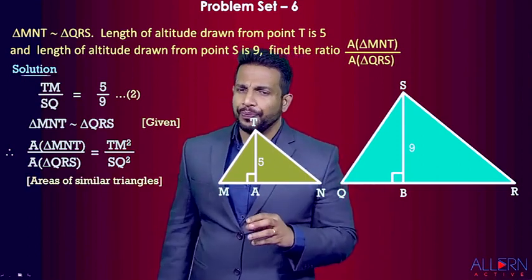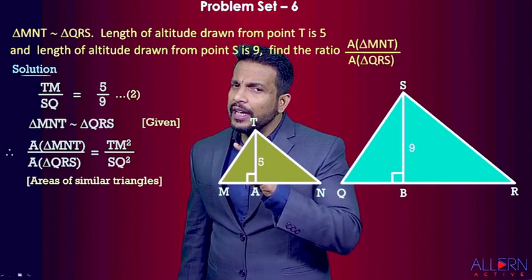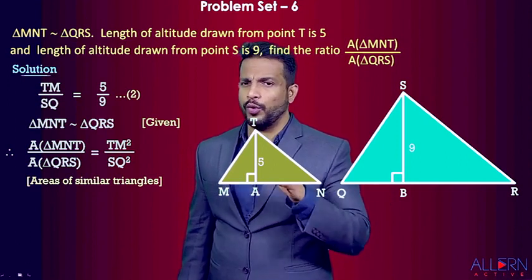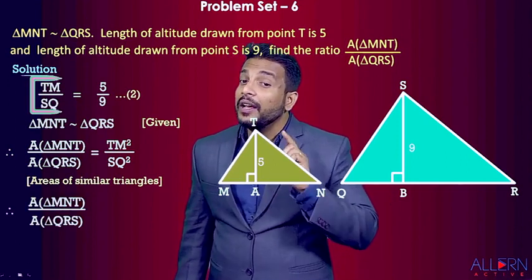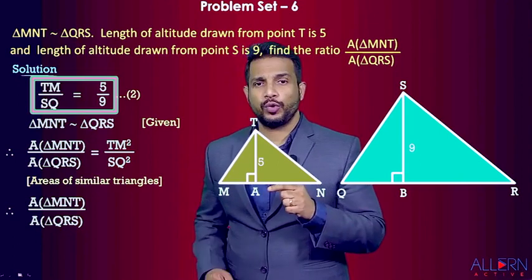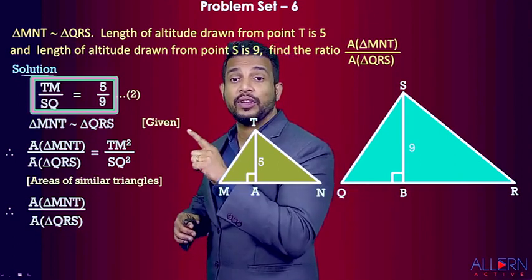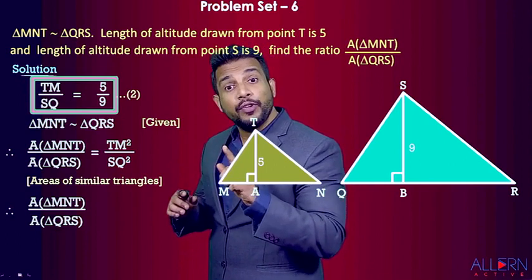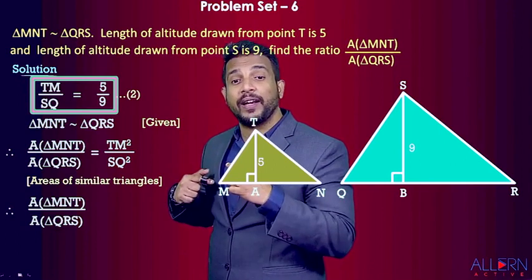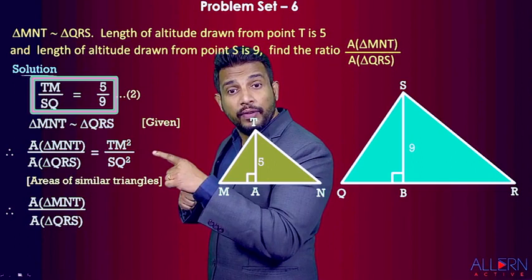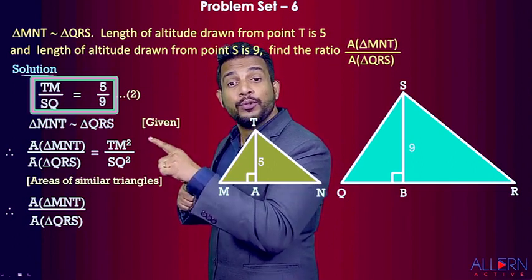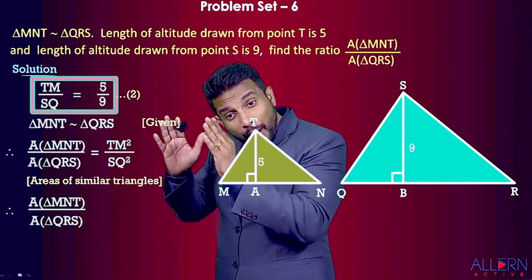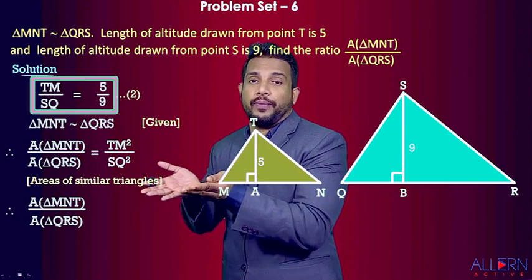Now substitute the value. Area of triangle MNT upon area of triangle QRS, we don't know, keep it as it is. TM square upon SQ square, directly we can't substitute the value of TM. TM is not 5, SQ is not 9, but we know TM upon SQ is 5 upon 9. So can we write this in the form of ratio square? Yes. TM square upon SQ square means TM upon SQ the whole square.